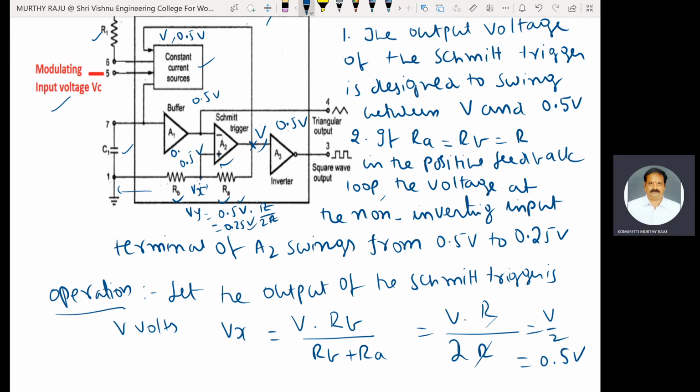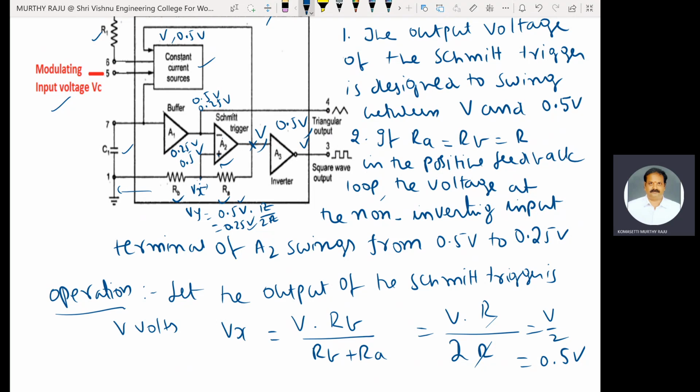Here 0.25 volts is there, but the capacitor is charging, and when it reaches 0.25 volts, the output of the Schmitt trigger switches to V volts again. In that fashion the loop is repeated. Charging and discharging of the capacitor generates a triangular wave and a square wave.